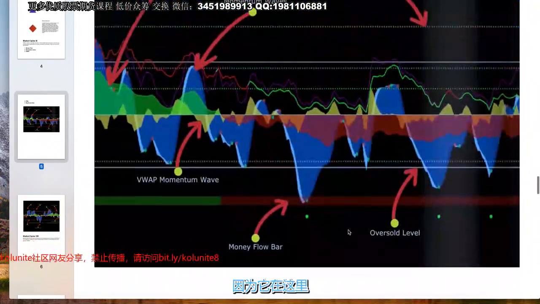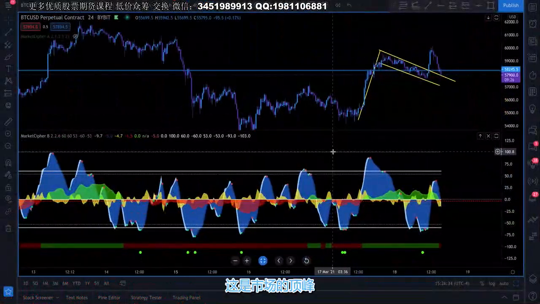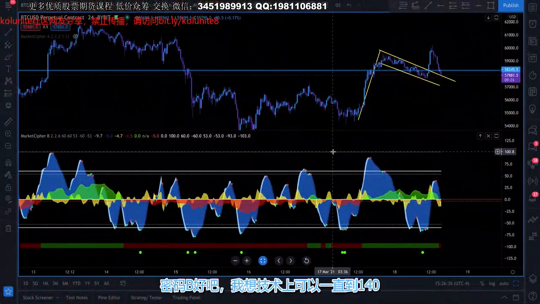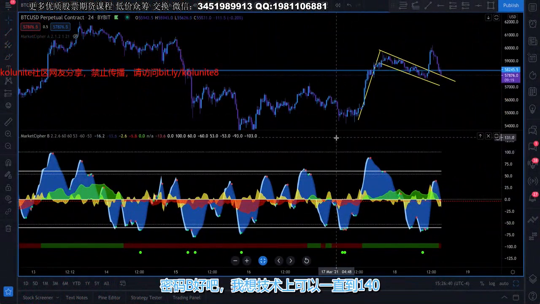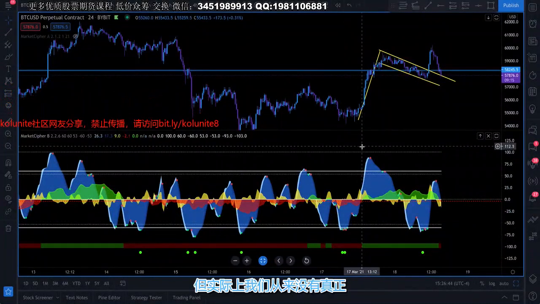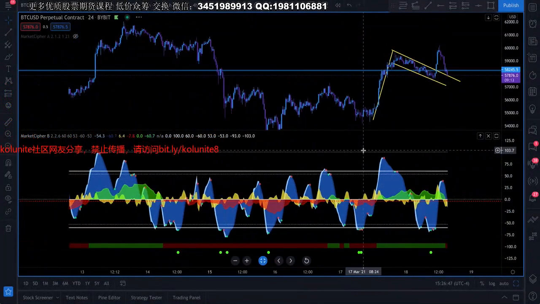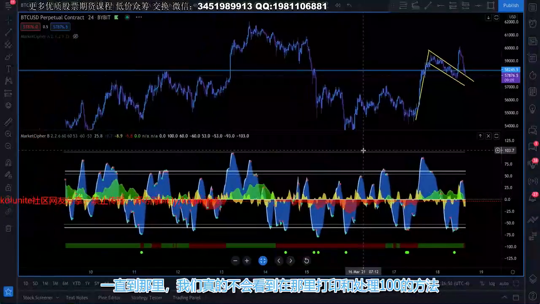Okay? So, next thing I want to talk about on Market Cipher B, we'll go over it just because it's here. The 100% level, which is all the way up here, is the very top of Market Cipher B. I guess it technically goes all the way up to like 140, but really, we're never going to print all the way up there. We're really not going to see waves printing way up there.